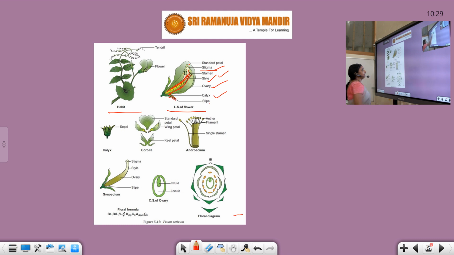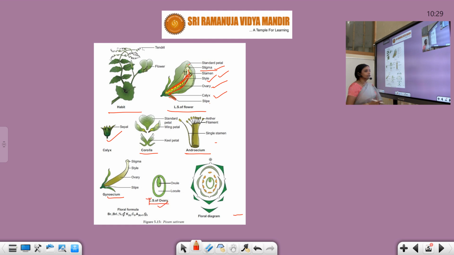So this is the LS, longitudinal section of a flower, and then the calyx, how the calyx looks, and the arrangement of the corolla, how it is arranged in this particular plant, and the androecium. We will see each and every character separately, and the gynoecium: stigma, style and ovary, and the TS of ovary, not CS, transverse section of ovary.